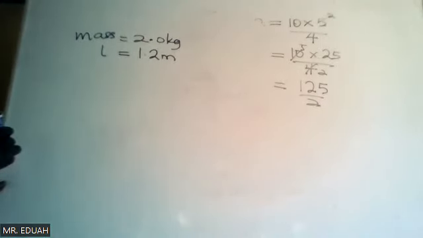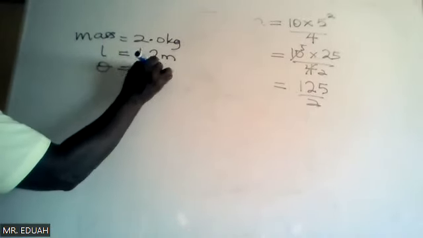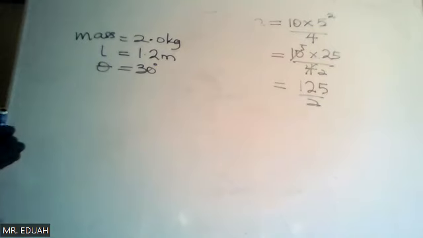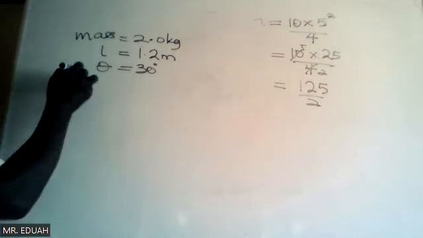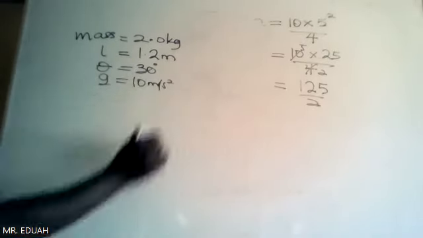The bob moves in a horizontal circle in such a way that the string is inclined at an angle of 30 degrees to the vertical.